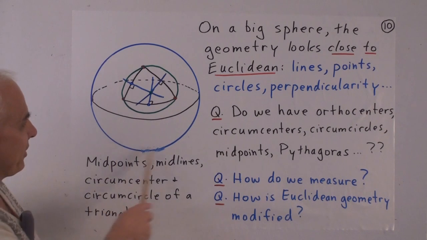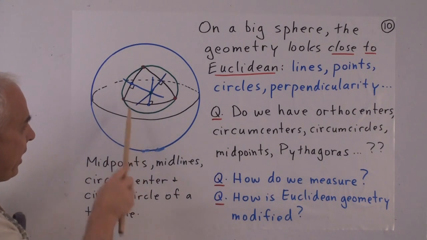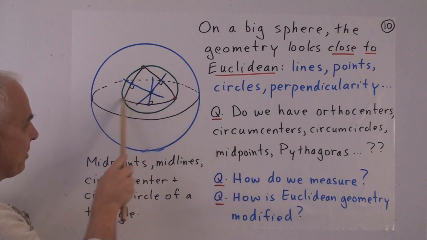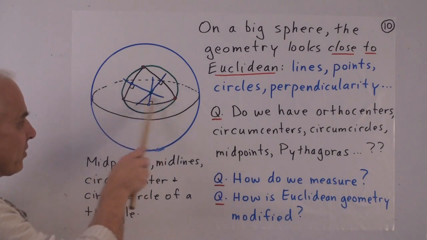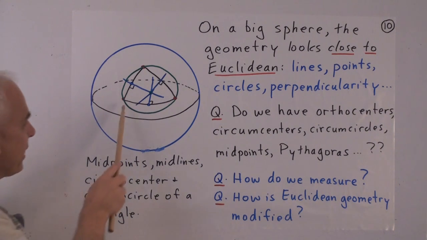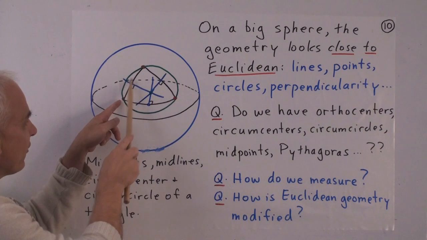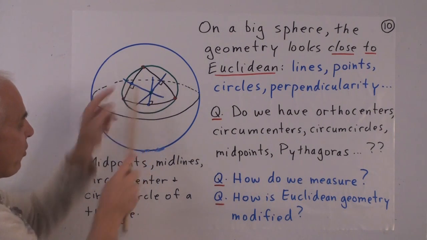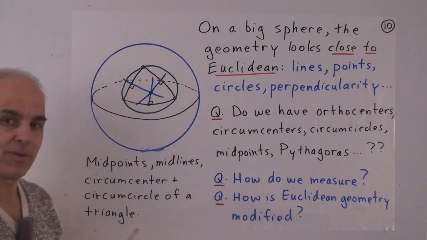So for example, in this picture here, you have a sphere, and then on the sphere, you have 3 points, and I've drawn parts of the great circle, so a little spherical triangle. And I've tried to find a midpoint of that side, a midpoint of that side, a midpoint of that side. We have 3 midpoints. And then maybe here are the perpendicular bisectors.